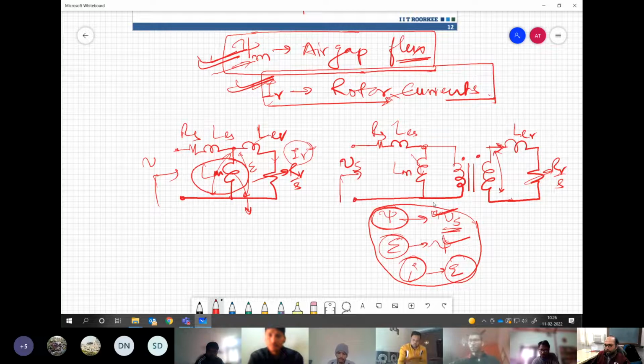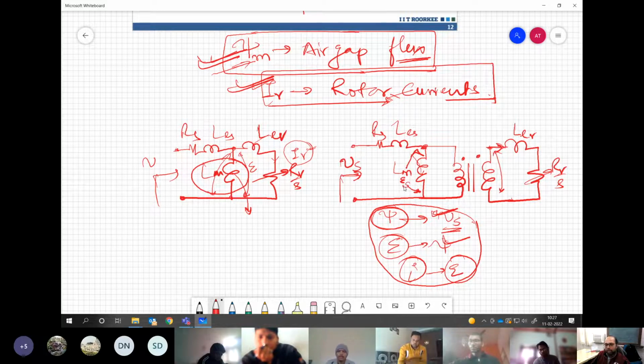Yes, sir. Do you understand this point? Now, when you are applying a voltage, let's say this is transformer, don't worry about induction motor and turn ratio and all that. Say it is 1:1. Now, when you are applying voltage, what will happen? You will apply basically some voltage across this magnetizing branch.